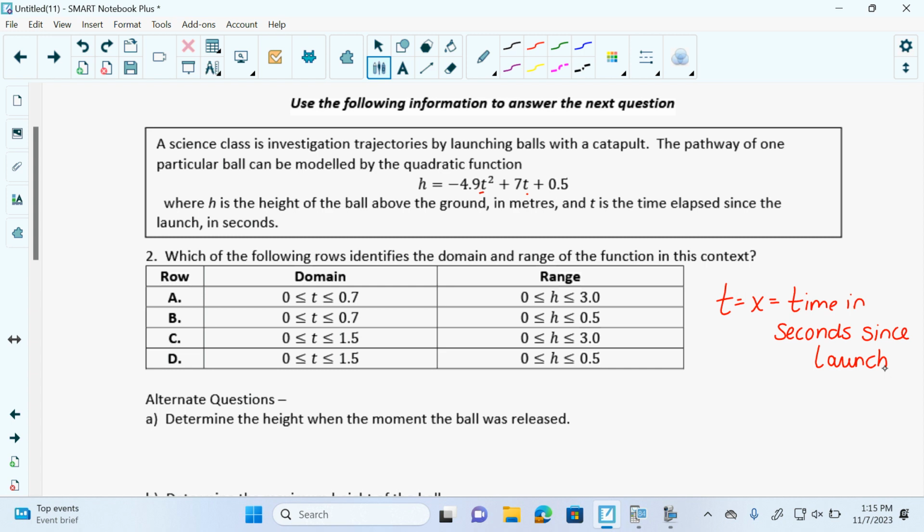And then what does h represent? Y, because that's where y would be. H equals y, which is the height of the ball above the ground in meters.